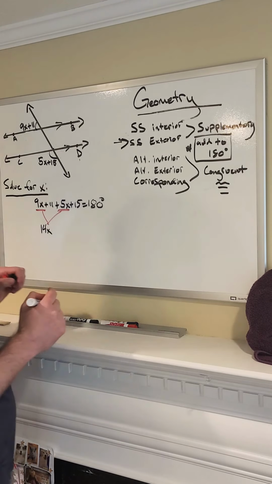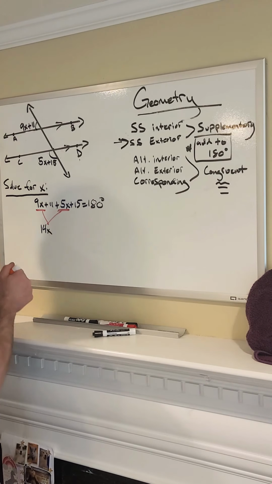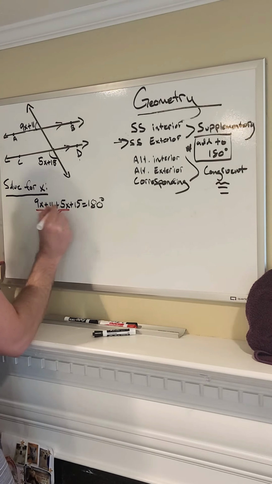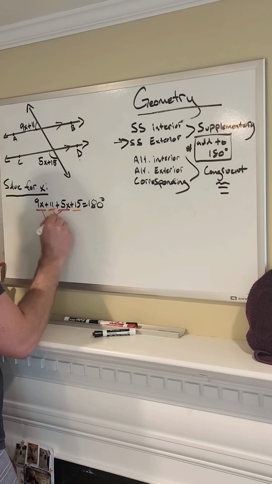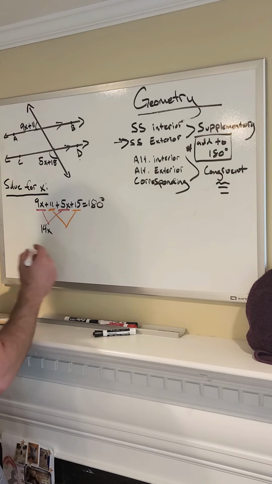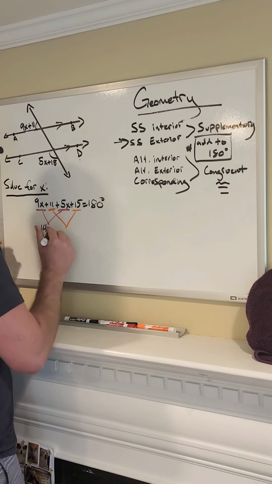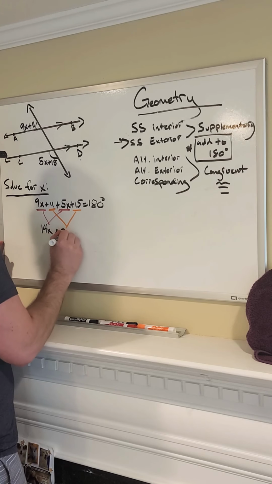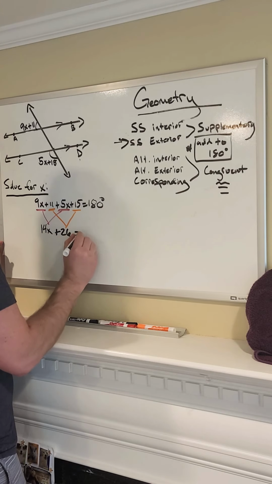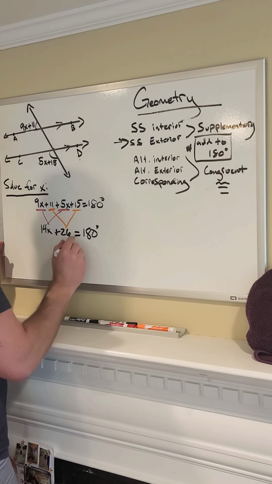Don't forget that x, got to keep that x in there. And then I have 11 and 15. All of it's adding, so I combine those and I have 26. So 14x plus 26 equals 180. Bring down the 180.